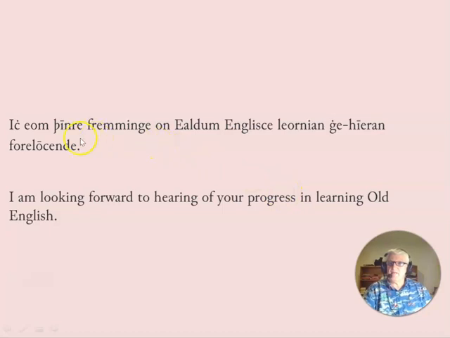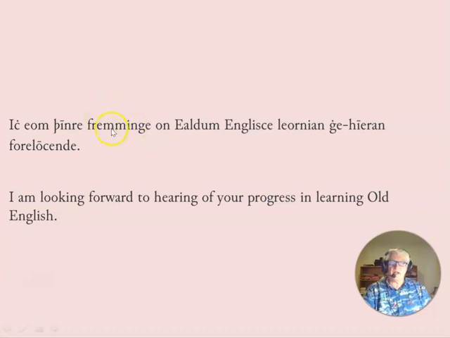Next one. Ich thinare verremminge on eldum Englische lernen je hieren farelokende. Okay, now what's happened here is I am thinare of your progress, and this is a noun in the accusative.